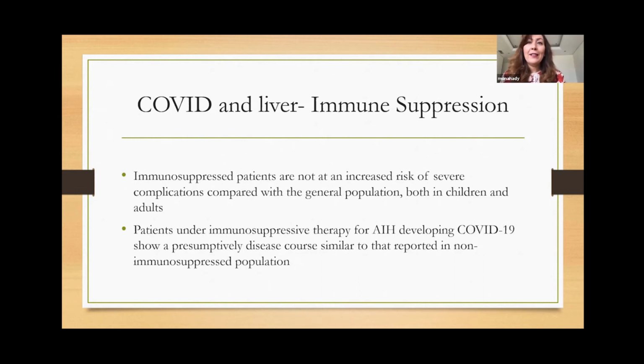For example, if they had any viral illness or influenza virus, it is expected to be more severe in immune suppressed cases. However, with COVID, it was found not to be the case. Patients with autoimmune liver disease did not have any more severe disease, and similarly with post-liver transplant.